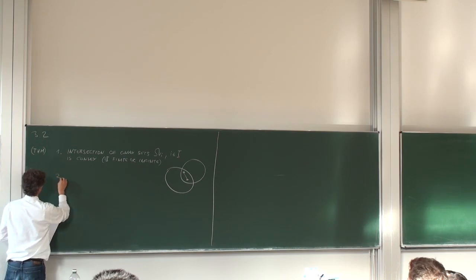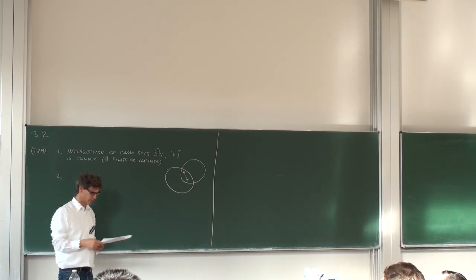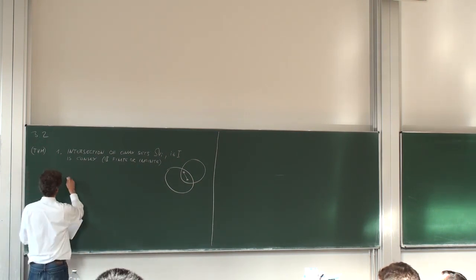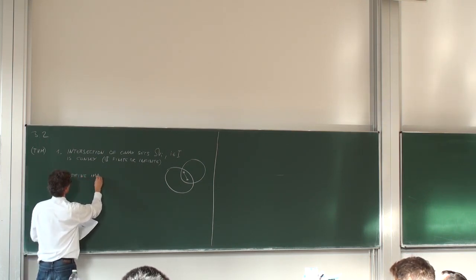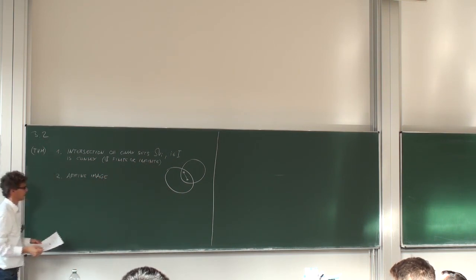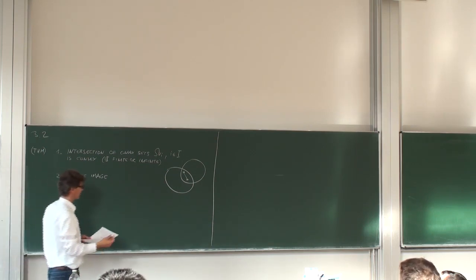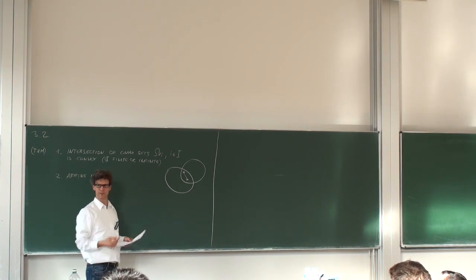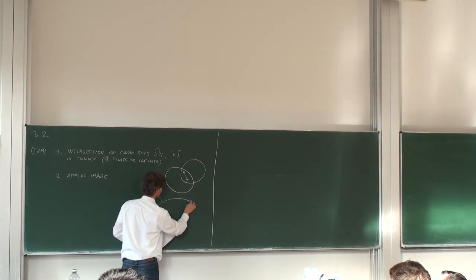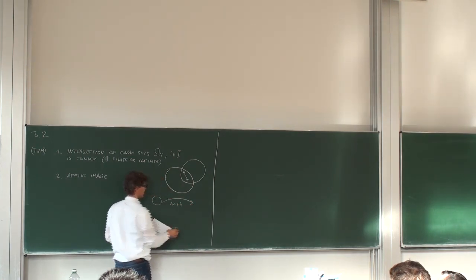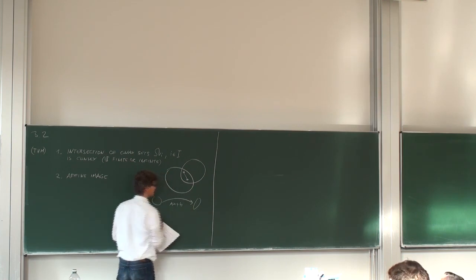The second and the third property that I want to share with you, they are also easy to prove. One is called the affine image. So if you take a convex set and you map it via an affine map to some other space, then the image of that will also be a convex set. So whenever you take a convex set and you map it through a map which is actually linear plus a constant, so an affine map, then it will be another convex set in another space.